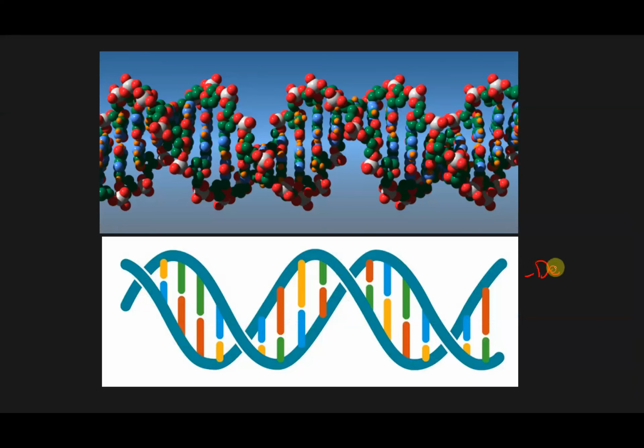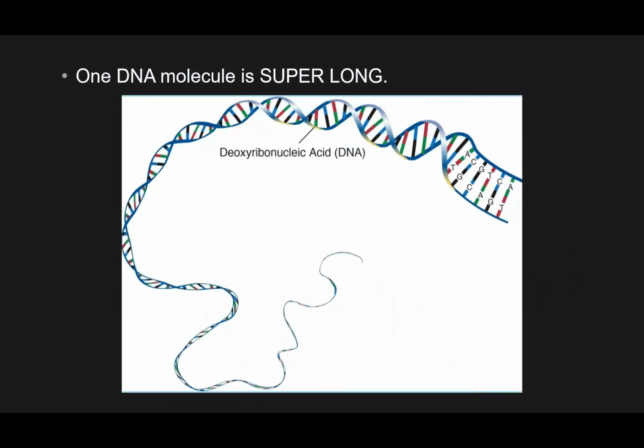It forms what's called a double helix, which is kind of like a ladder that's been twisted. It's made up of the handrails of the ladder, and then the rungs of the ladder, these individual parts going across, the base pairs as I mentioned earlier.